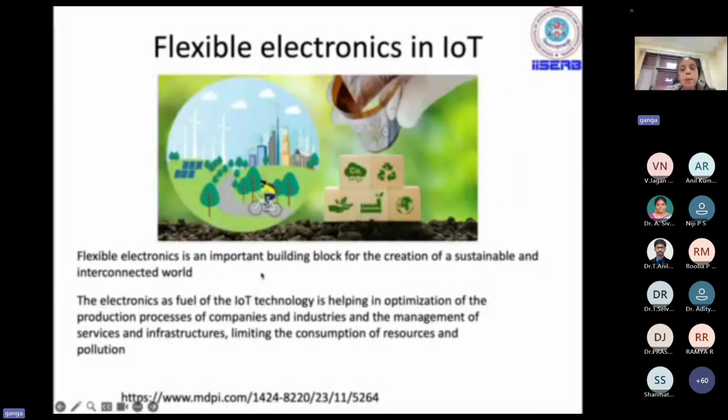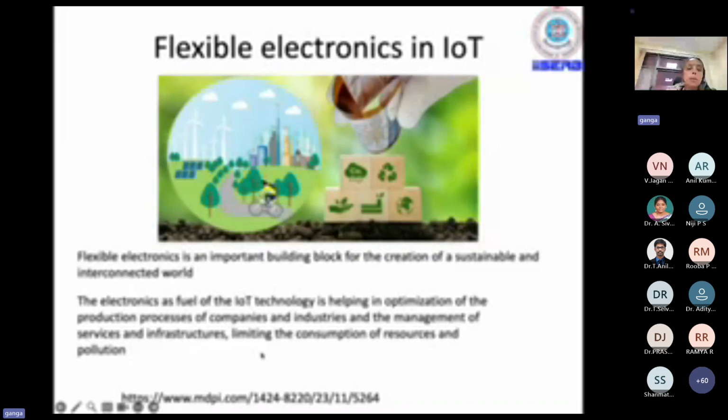They are important building blocks in the creation of a sustainable and interconnected world. And these electronics act as fuel in the IoT technology, helping optimization of the production processes of companies and industries, and the management of services and infrastructures, limiting the consumption of resources and pollution.